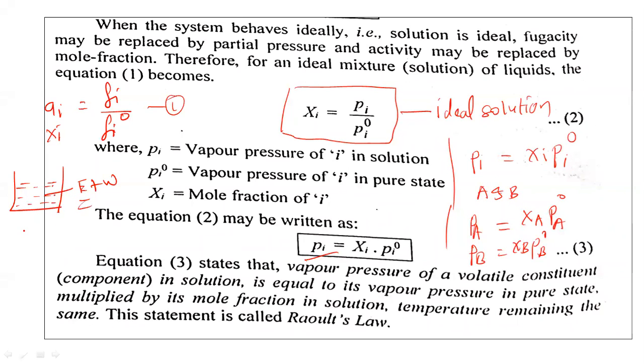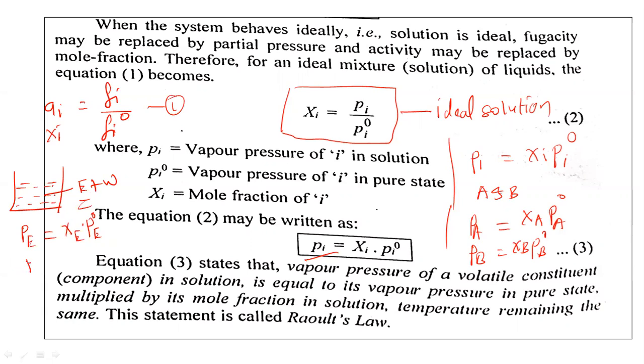So the partial or vapor pressure of the ethanol, Pe, is equal to the mole fraction of the ethanol into the vapor pressure in its pure state. When it becomes pure, the vapor pressure can be written as P0, the vapor pressure of the liquid in the pure state. So we can write the equation for the ethanol.